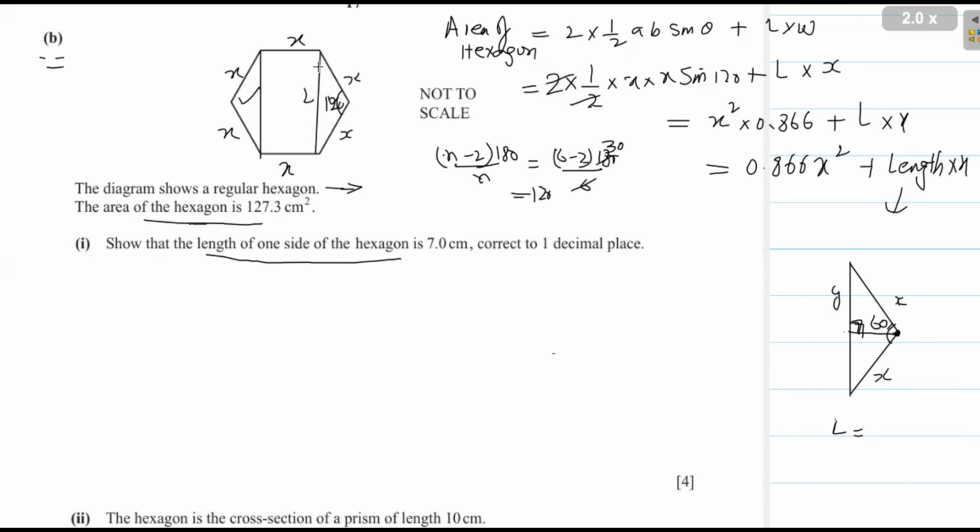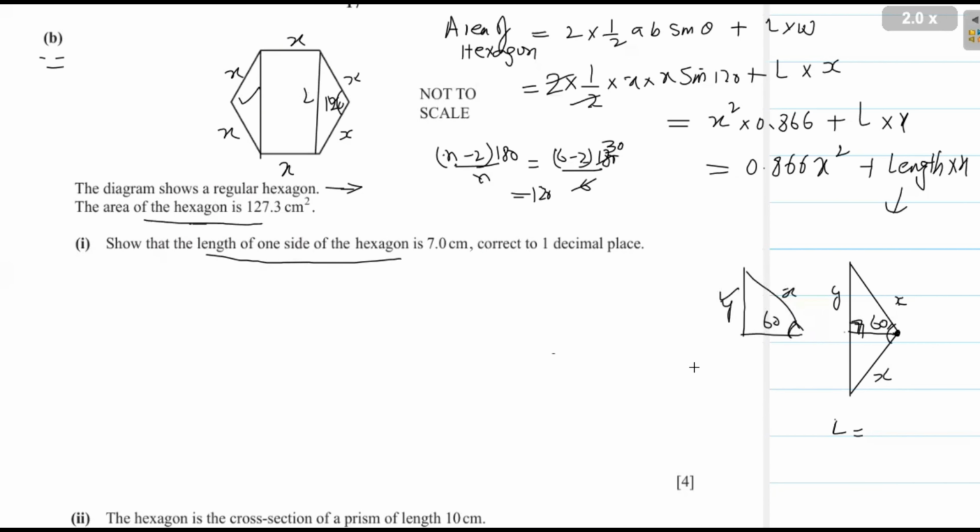This length can be calculated by using this triangle. In this triangle, look here, this is an isosceles triangle. The angle between them is 120. When we draw a perpendicular, the remaining angle will be 60 degree. Therefore, this right angle triangle has an angle of 60 degree and this length is x, we have to calculate this length y.